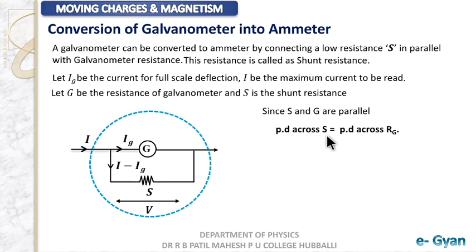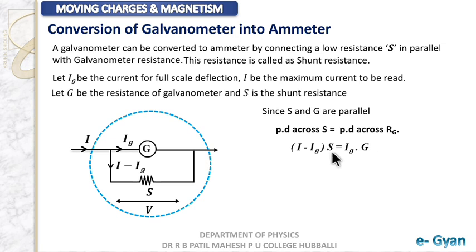So if the potential difference across S and across the galvanometer is the same, we get the expression (I minus Ig) into S equals Ig into G. This means we are using Ohm's law to write the potential difference across S, that is current into resistance, (I minus Ig) into S, and then current into the resistance of the galvanometer, Ig into G.